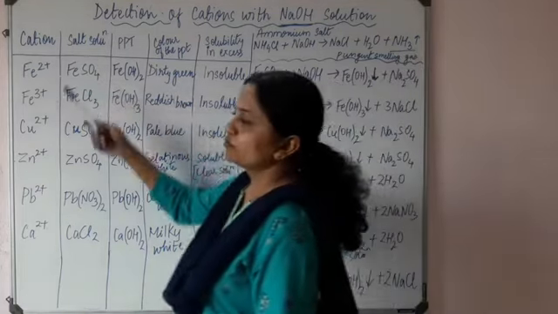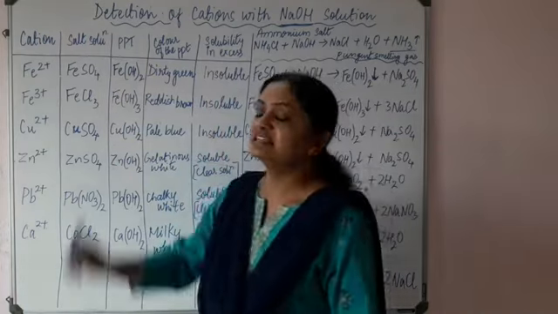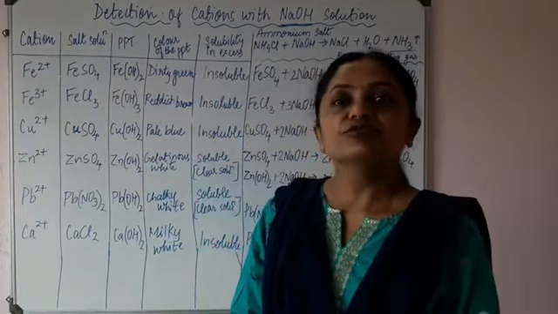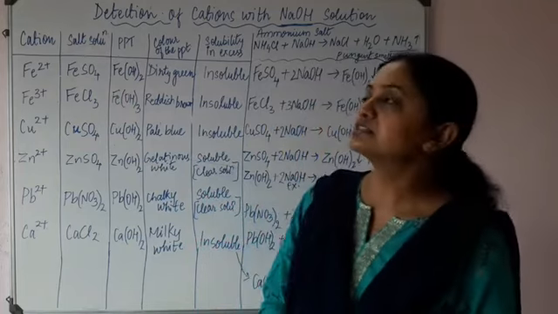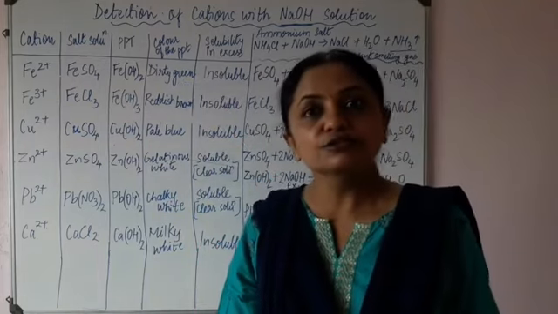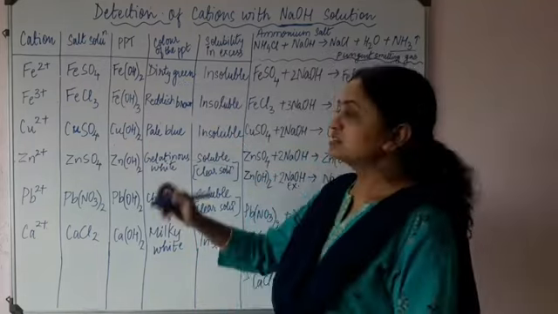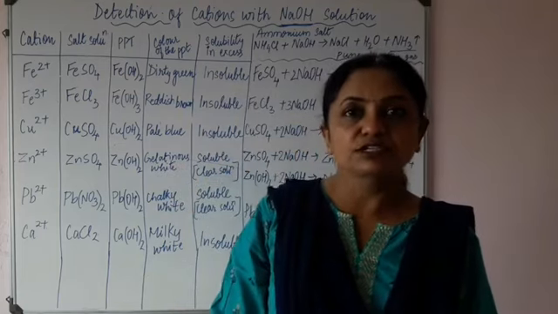Suppose I say if the question is what would you observe when sodium hydroxide is added to ferrous sulfate. So we will say that on adding sodium hydroxide in little to ferrous sulfate, it will form dirty green precipitate, and on adding excess to the dirty green precipitate, the precipitate remains insoluble. Right? So this is how you will be writing observation.